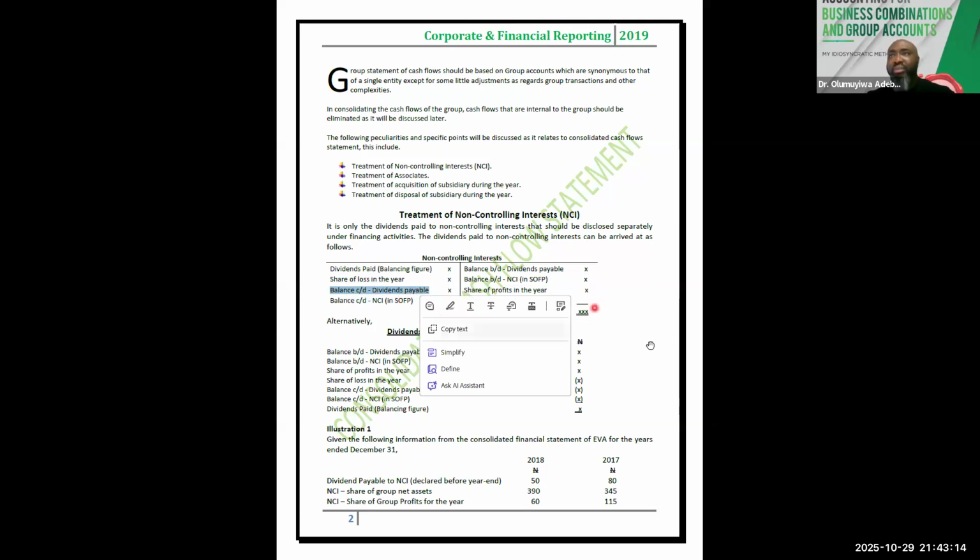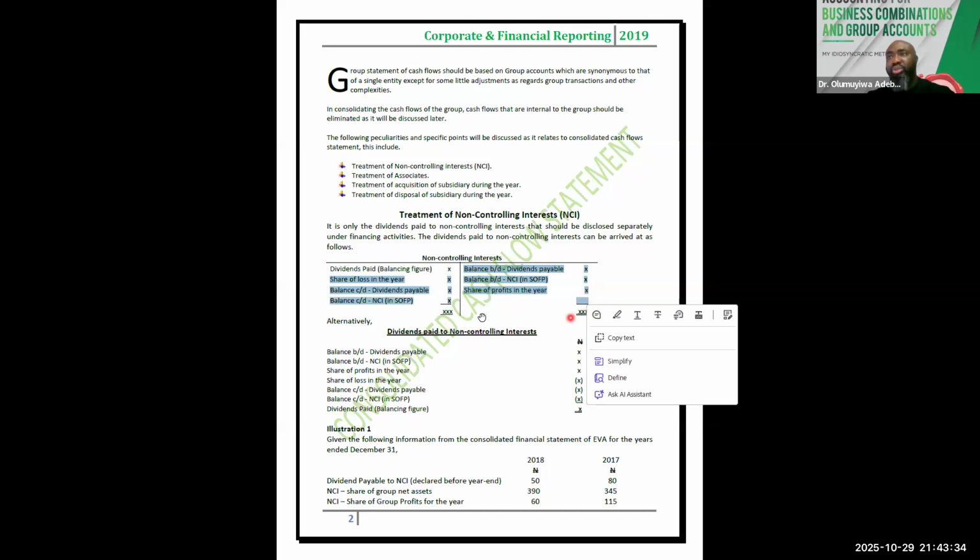If dividend has not been paid in a year, you will find out that the sum of the debits, when you add these first three together, plus the sum of the credits, is supposed to tally. But when they fail to tally, it shows that for there to be a reduced balance at the end of the year, it means you paid cash to the non-controlling interest.